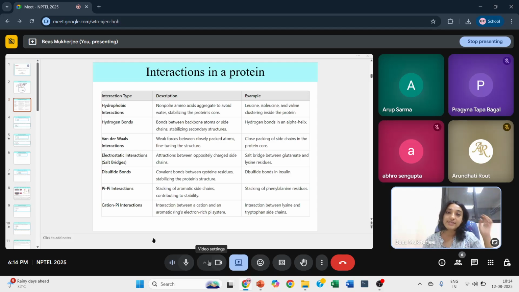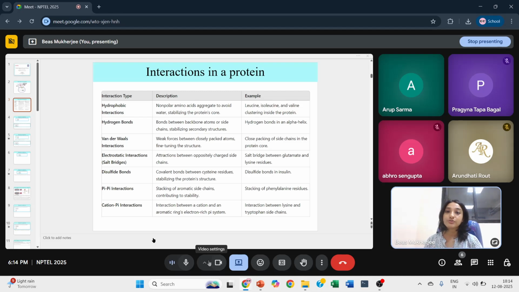For example, leucine, isoleucine, valine, etc. cluster inside the protein. Then come hydrogen bonds. Hydrogen bonds are very important to make the protein soluble. When you want to solubilize a protein, let's say a protein is not very soluble and you're making it in bacteria, then you introduce more of these residues that will undergo charge-charge interactions.